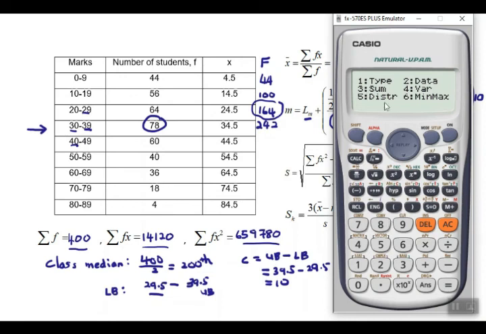Choose 3 Sum. Press 3. For the sum of fx, it is option 2. Press 2. It equals 14120. Shift 1 again to check the sum of fx squared. Press 3. For the sum of fx squared, press 1. It equals 659780.